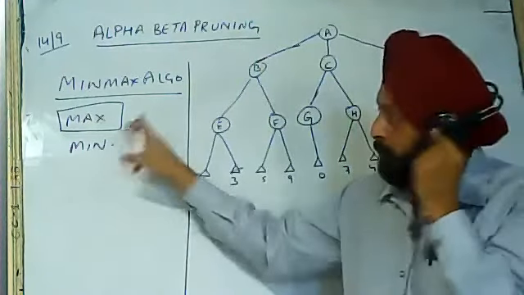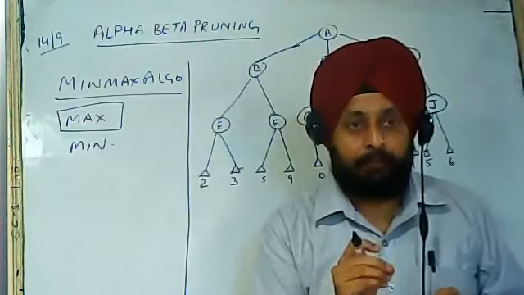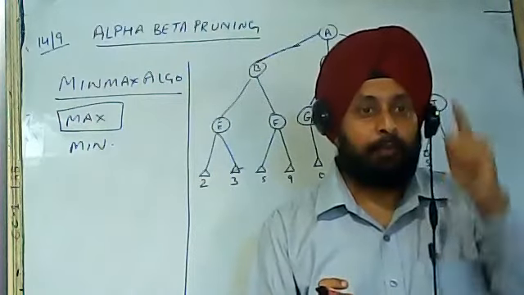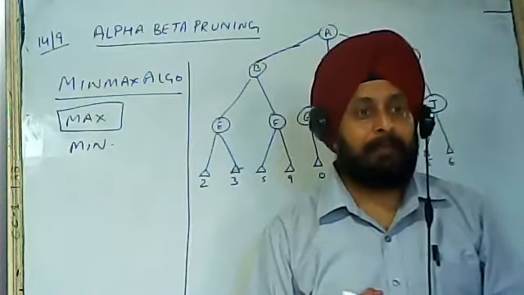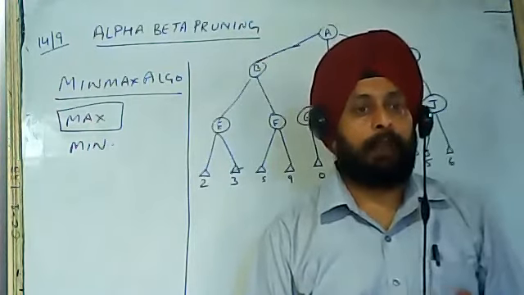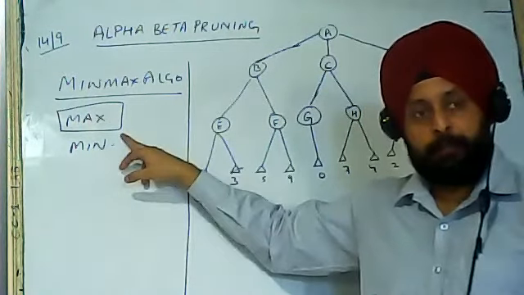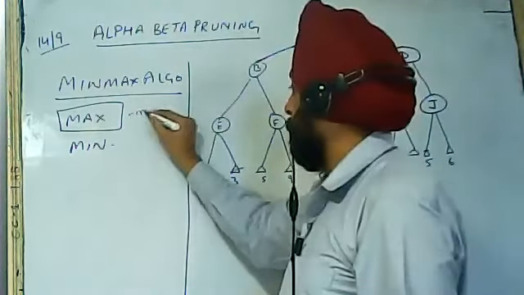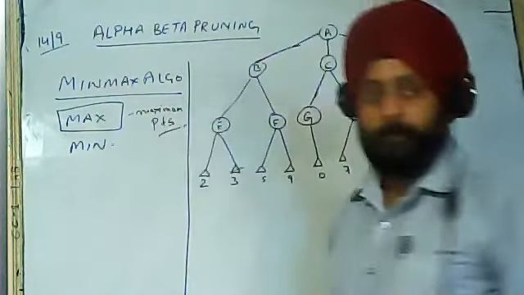So what is the strategy behind max and min? If it is the turn of max and it has options of many moves, and max has to select one move on its turn, the strategy is that max will select that move which will fetch maximum points to max.